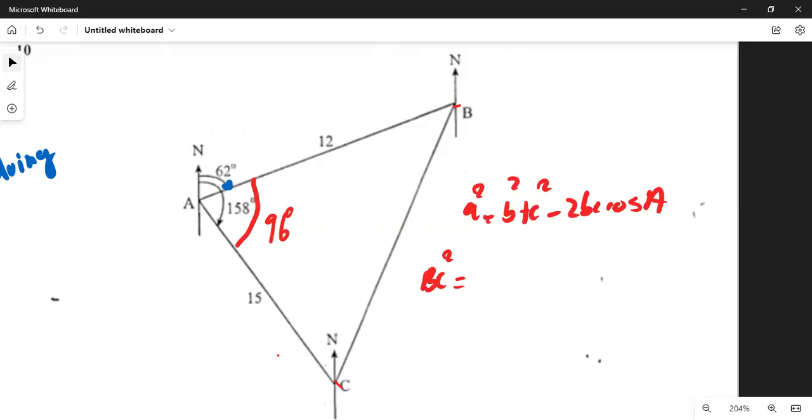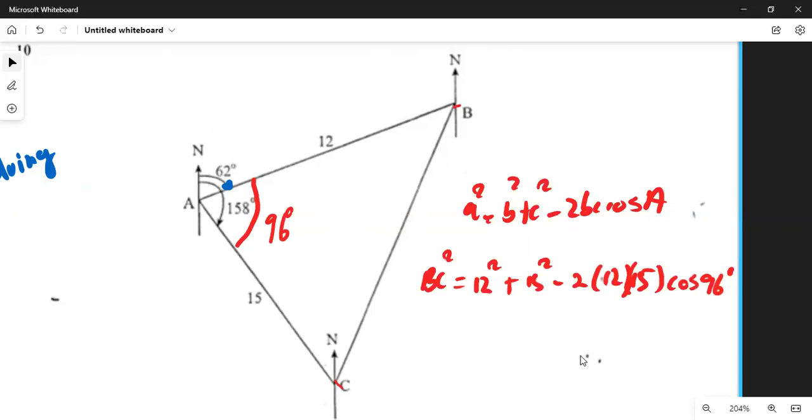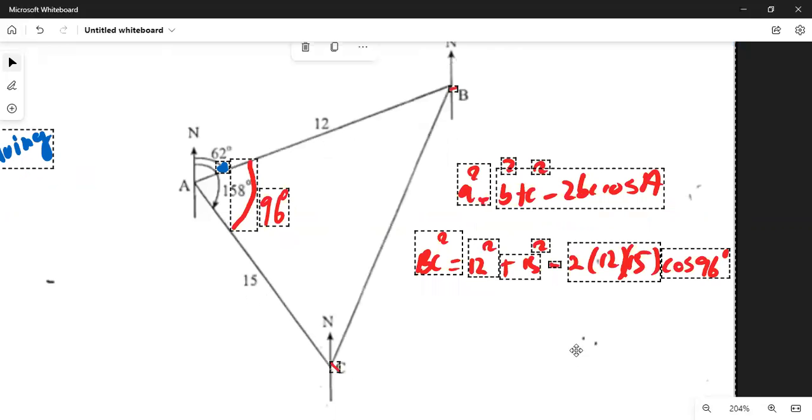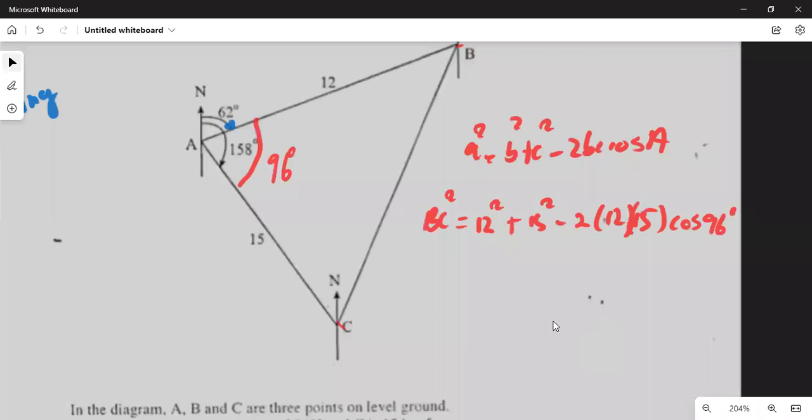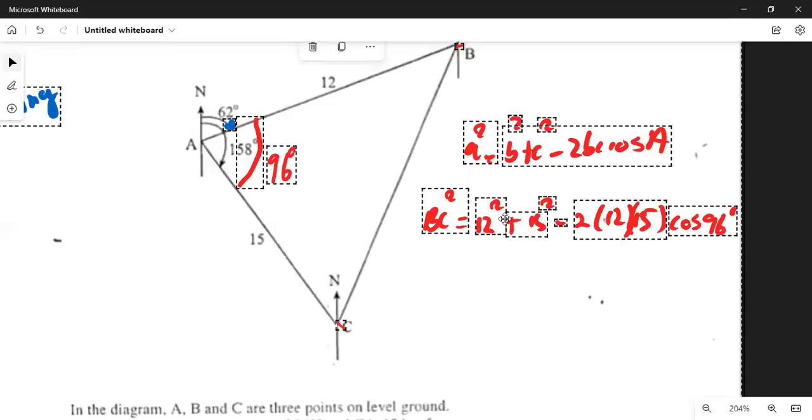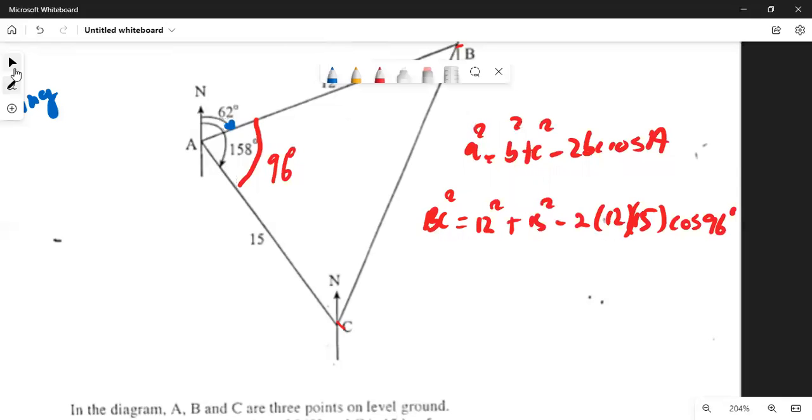All right, so in this case, our A squared changarichi BC. So we put BC squared, which is equivalent to what? 12 squared plus 15 squared minus 2 times 12 times 15. Everything that we have here times cos of 96 degrees. All right. So taking from this part, if you have to simplify, you have to simplify each and every term under number squares.